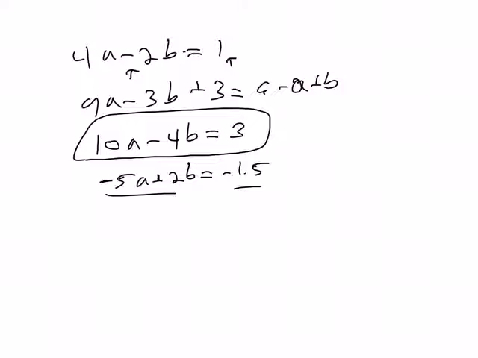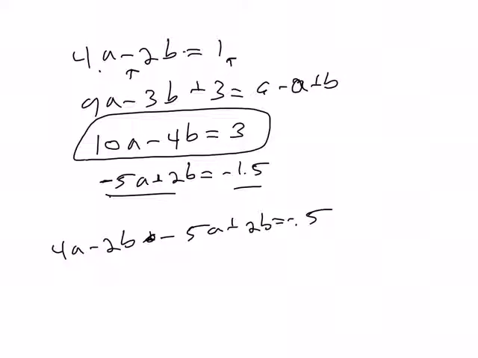So adding this to this side is going to get us 4a minus 2b plus minus 5a plus 2b is equal to 1 minus 0.5, so it's going to give us negative 0.5.